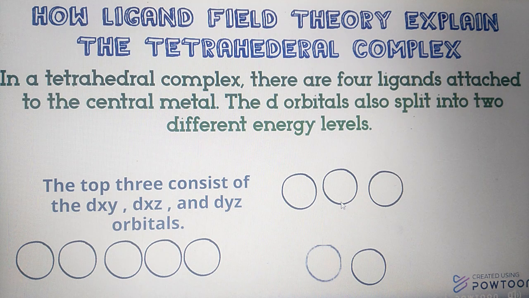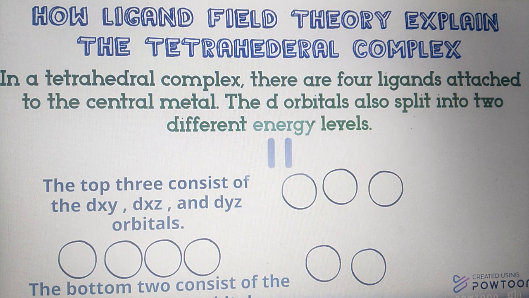The lobes of the t2g orbitals experience greater energy, that's why the energy of these orbitals becomes high. The bottom two consist of dx square minus y square and dz square orbitals.